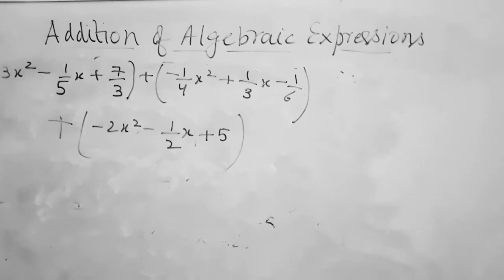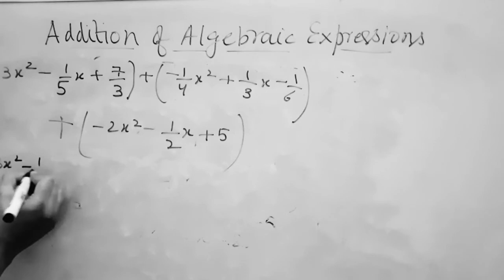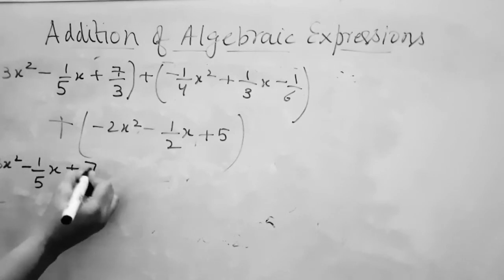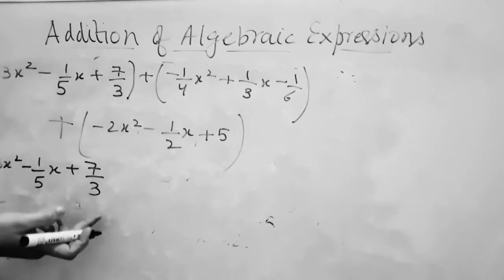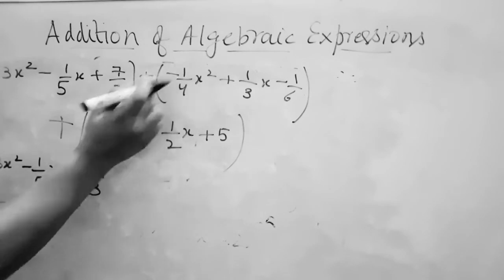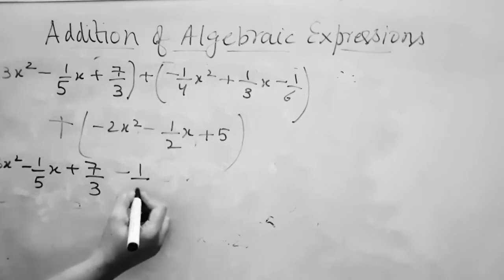Okay. So firstly, the first step is to open the brackets. So 3x square minus 1 by 5x plus 7 by 3. Since there is no sign given over here, by default we have to consider positive. तो जब आप multiply करेंगे plus plus minus minus and plus plus plus. Coming to this one, plus minus minus.